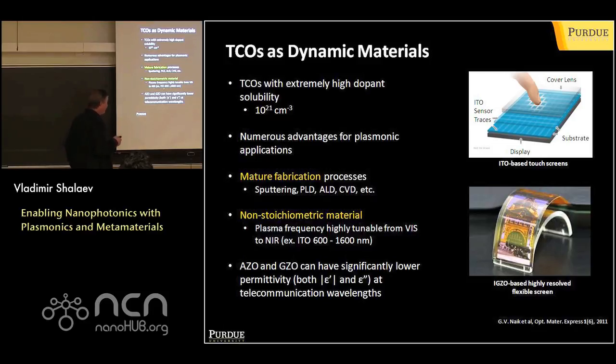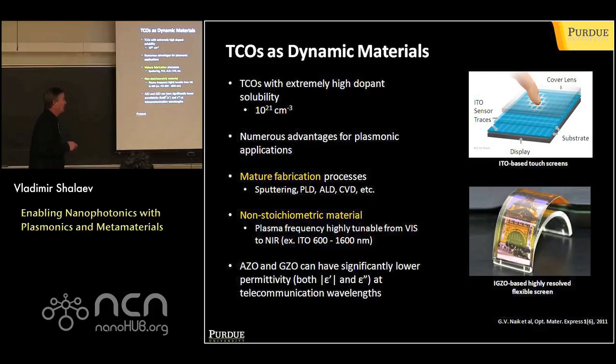But ITO involves a rare material, and if you think of scale production, it would be a problem. Whereas zinc oxide based materials, which we pursue in our lab, are really cheap and readily available. And when you dope it with aluminum or gallium, it becomes plasmonic around telecom.